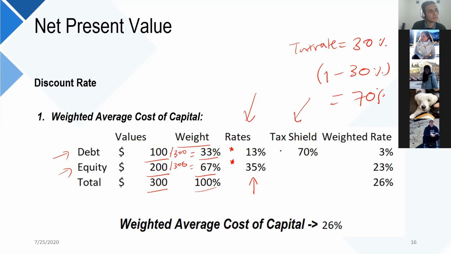So I multiply this one times this one times this one, and I get 3%. And here I have this one times this one, and here I have no tax shield, so I have 23%. And my weighted average cost of capital will be 26%, and it's this one here. And this will be the rate I will use for my net present value calculation.